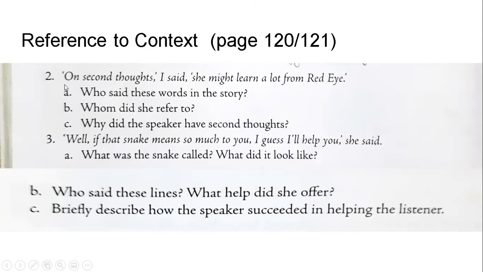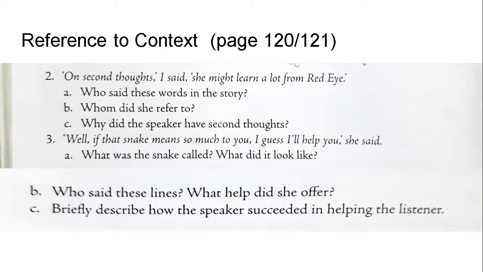So I hope you know what reference to context means. Reference to context simply means that you are referring to a particular context, a particular part of the lesson. All the questions that are asked are based on that part of the lesson.